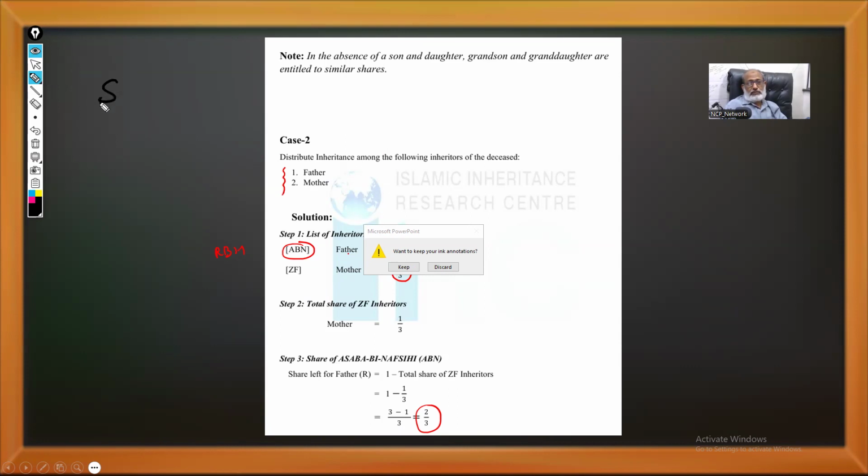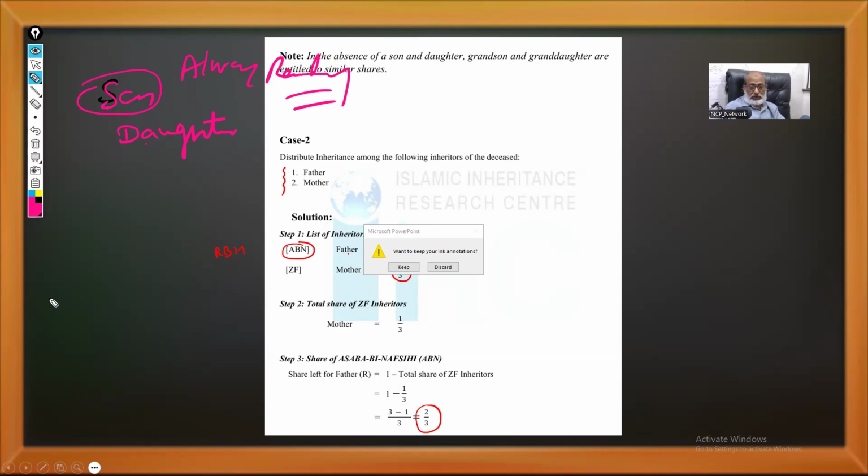Why is the child not a primary heir in some cases? The son is always a residuary, not a primary heir.